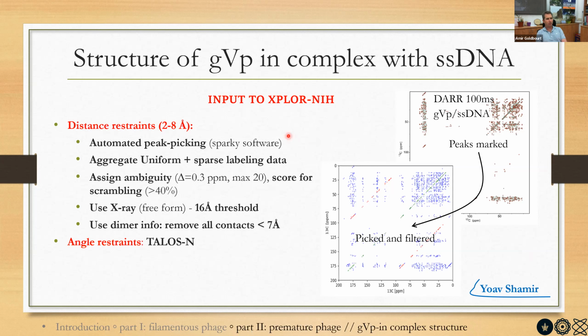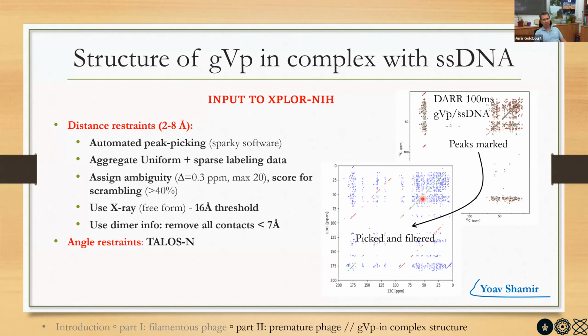This is the way that we use the input to Explore. We took distance restraints between 2 to 8 angstrom for each carbon-carbon peak that was picked by the software that Yoav wrote, and then filtered for diagonal peaks and side bands and so on. All these blue dots were taken into account in the program.